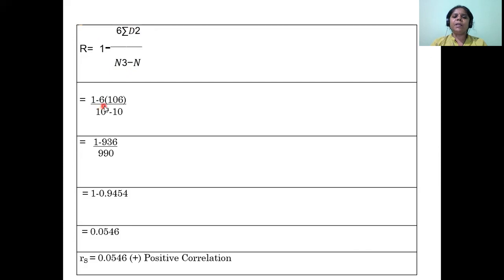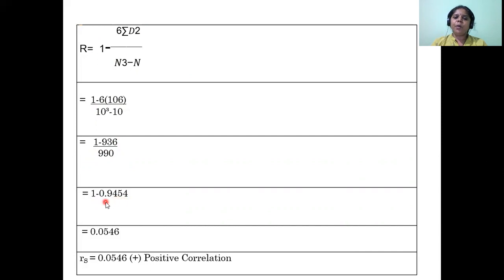N is the number of items, like the number of participants or students. So n is 10, and 10 cube minus 10 is 990. So 1 minus 6 into 106, that is 636, divided by 990.